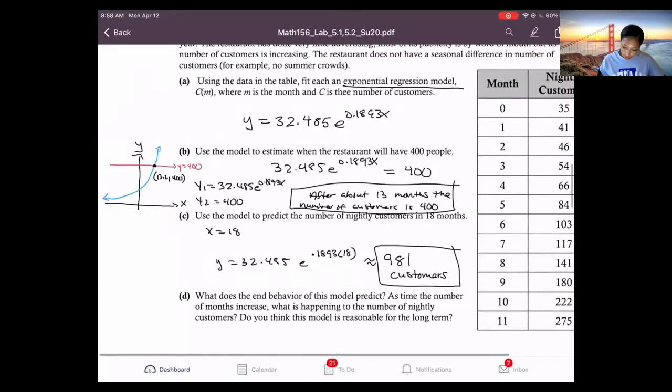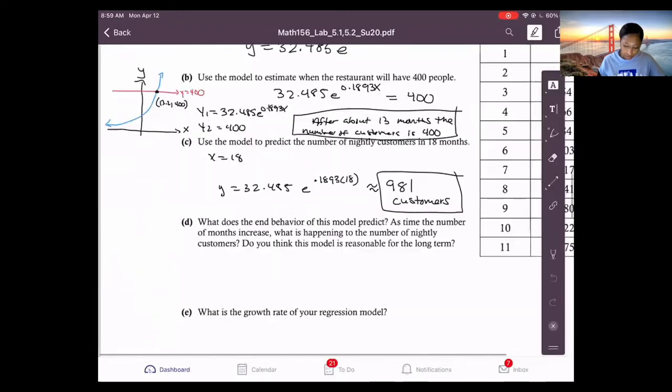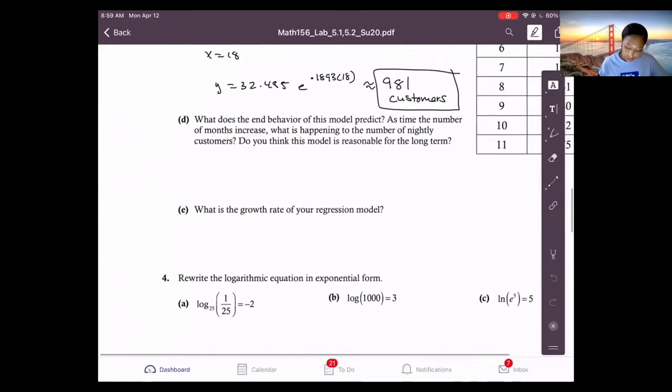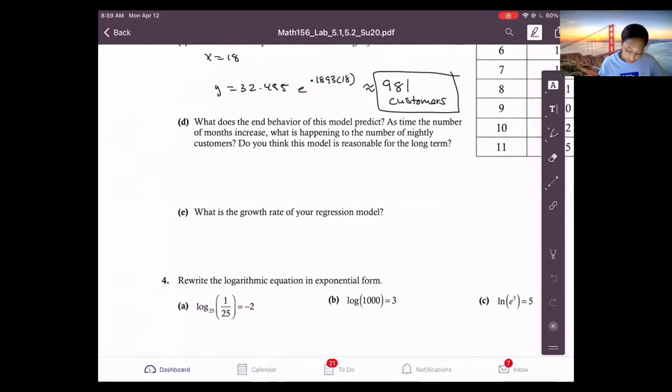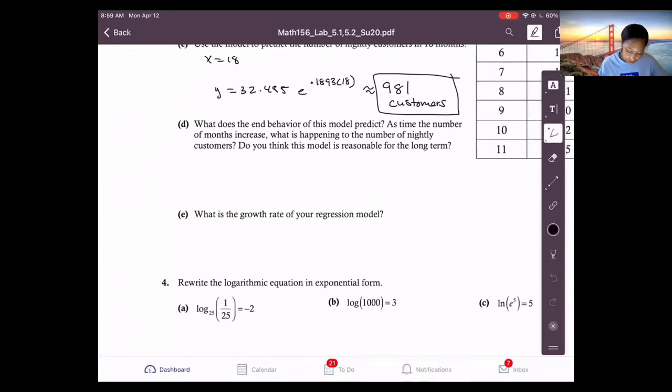So to answer this question, sorry about all the scrolling. What does the end behavior of this model predict? As the months increase, the number of customers will increase.